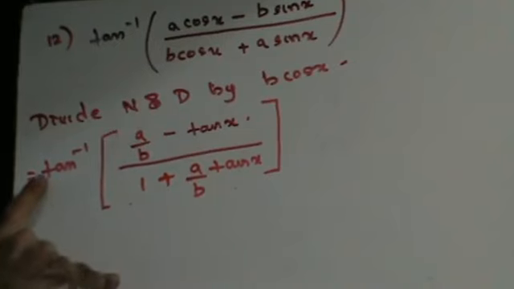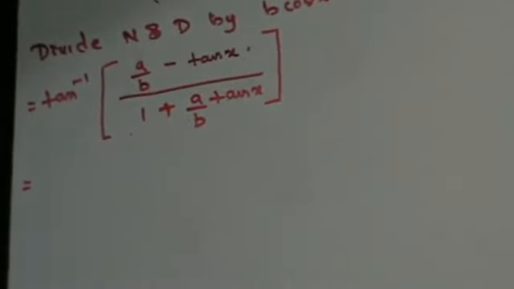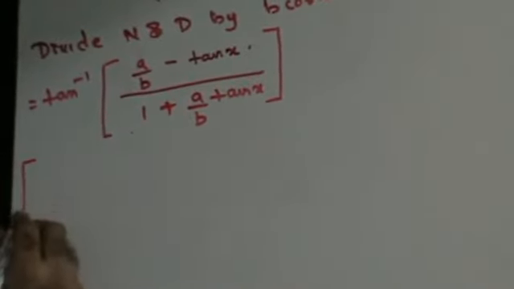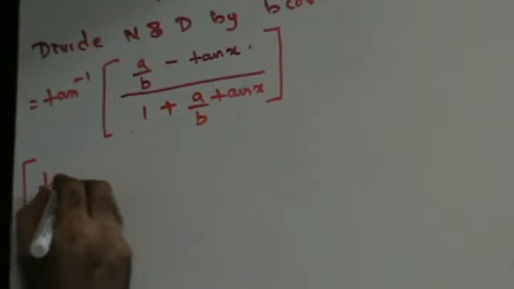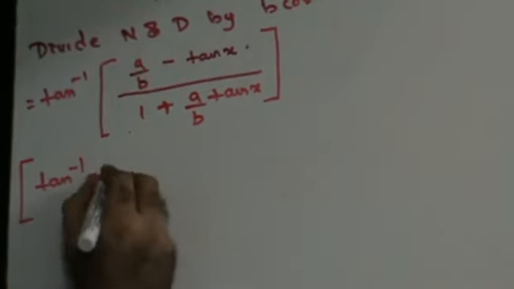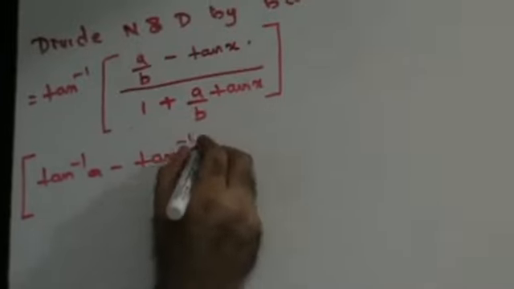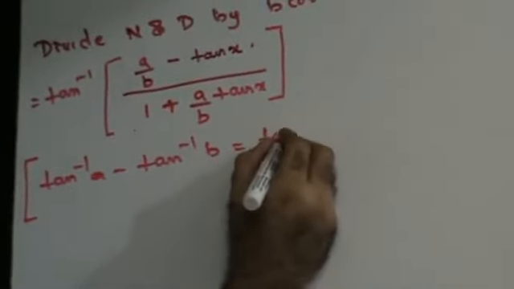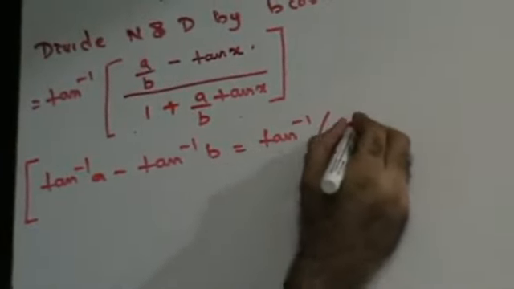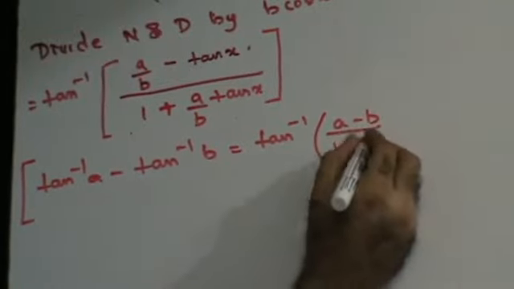People, see this. This is in the form tan inverse of (a minus b) upon (1 plus ab). Remember, I had just given you a similar formula some time ago in the previous sum. Tan inverse of a minus tan inverse of b is nothing but tan inverse of (a minus b) upon (1 plus ab).